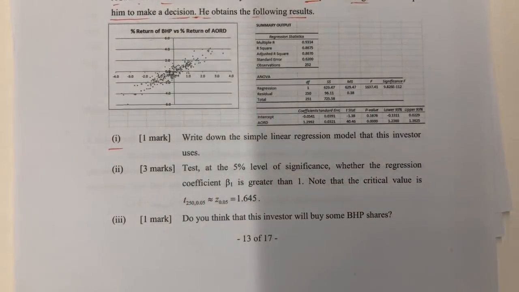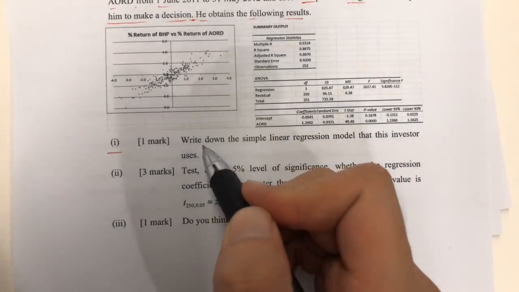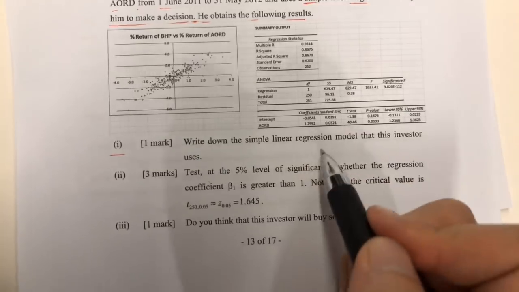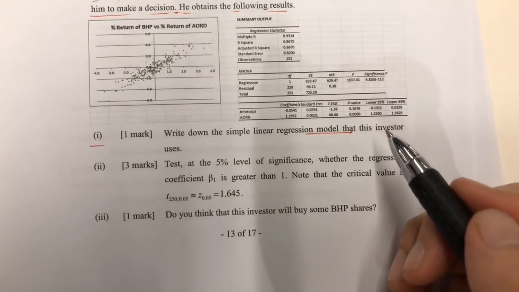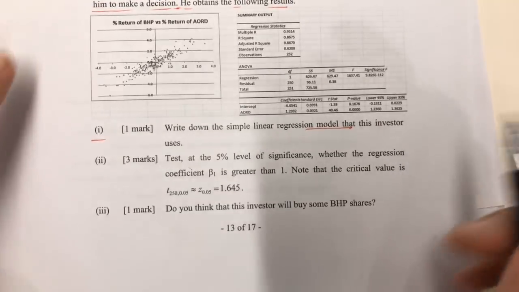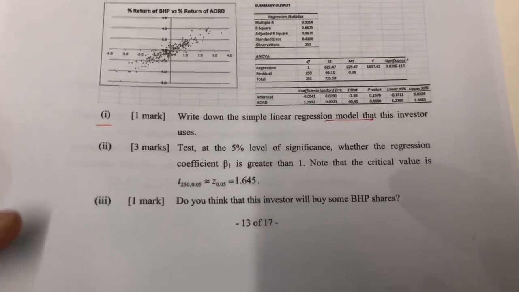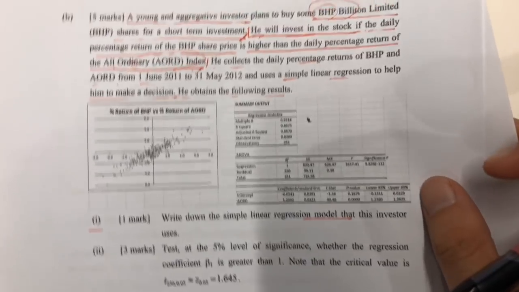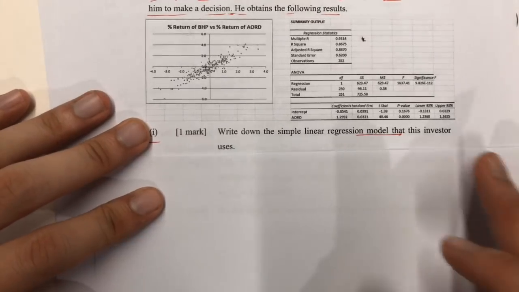First question. It is asking to write down what? Write down the simple linear regression model that this investor uses. Okay, so we are asked about the model. When we're asked about the model, what should we write? With epsilon or not with epsilon? With epsilon. Do we have hats? No hats, right? Okay, let's write down the simple linear regression model that the investor uses.